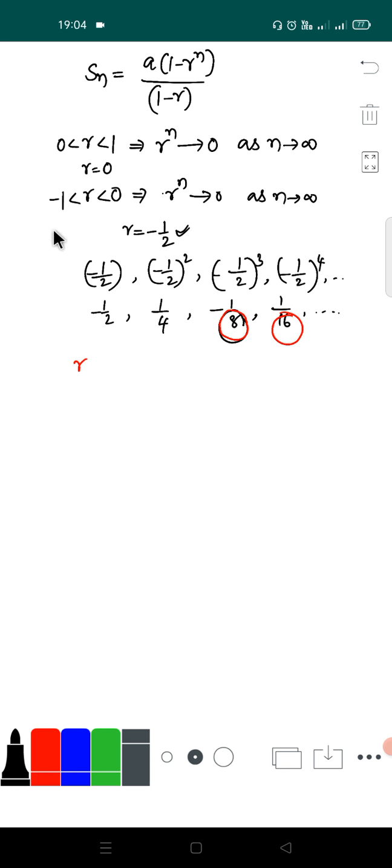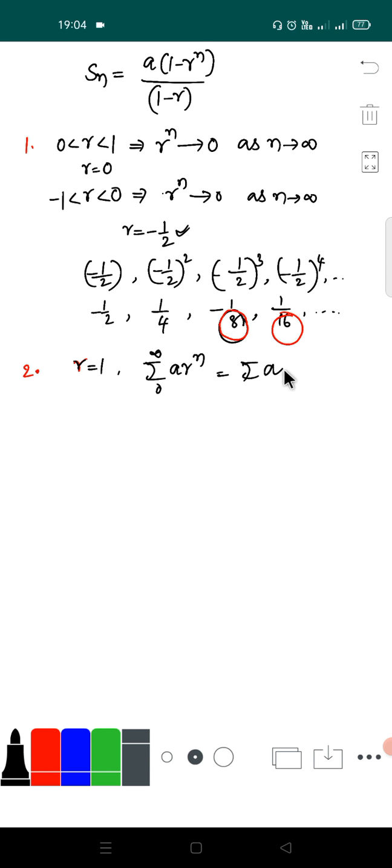This is the first case of the statement, and now we investigate the second case. If our r is 1, the geometric series, the sum of a r to the power of n from 0 to infinity, becomes the sum of nothing but a.